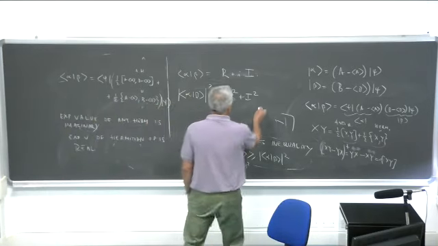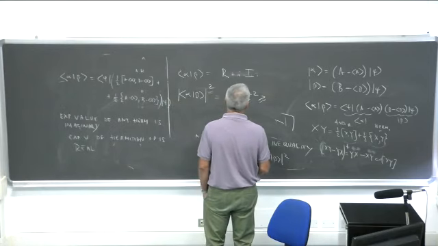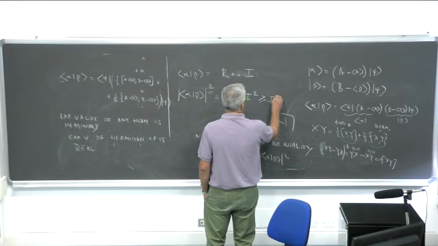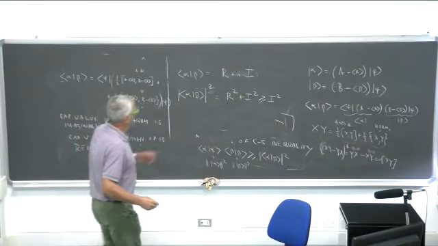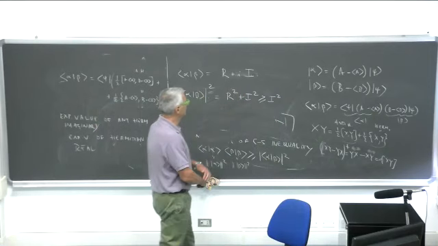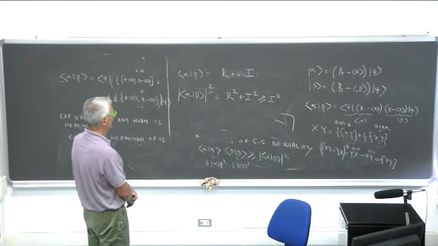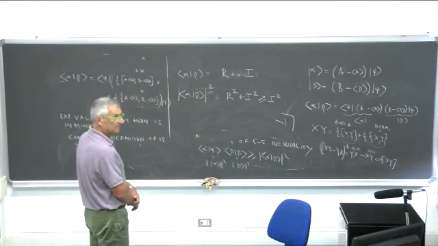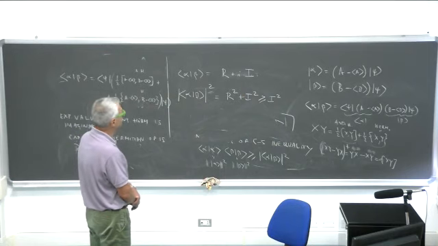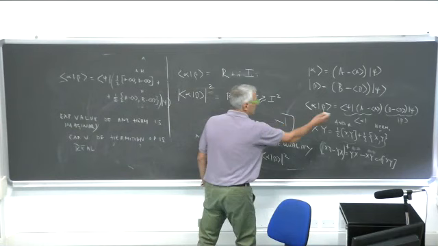But this is greater or equal than I squared, right? These are positive. But what is I squared? This involves the commutator precisely.